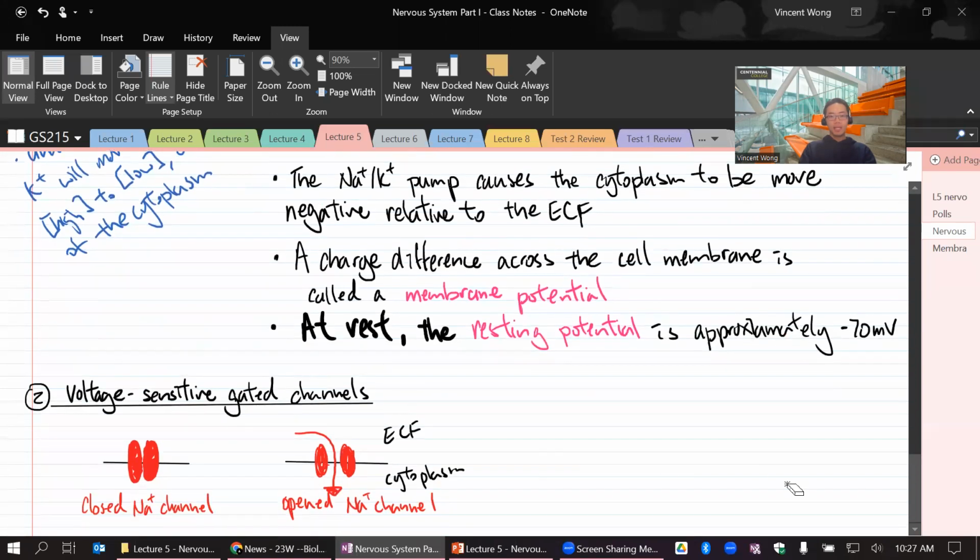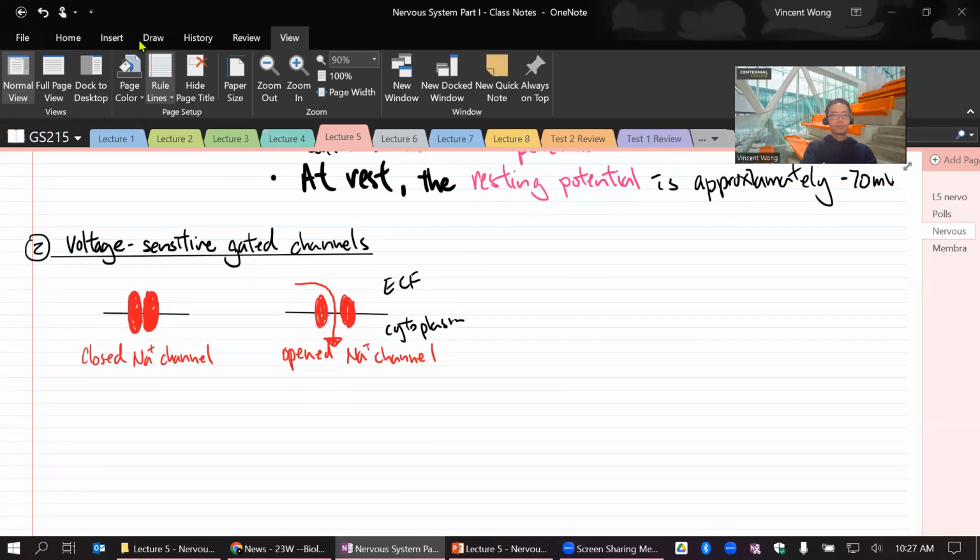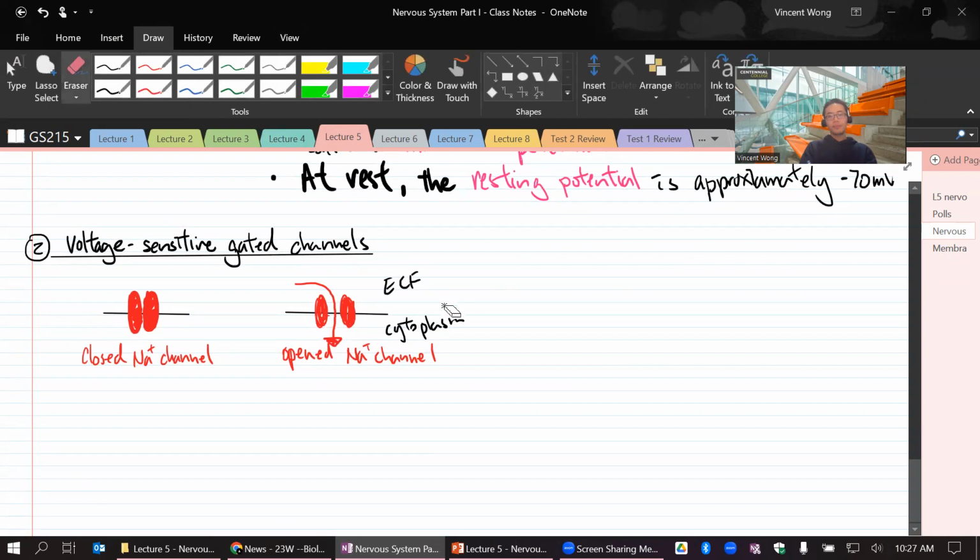So they will come into the cytoplasm. And what voltage will they open at? Well, they will open at -60. And they will close at +30. It's like store hours. Open at -60, close at +30.